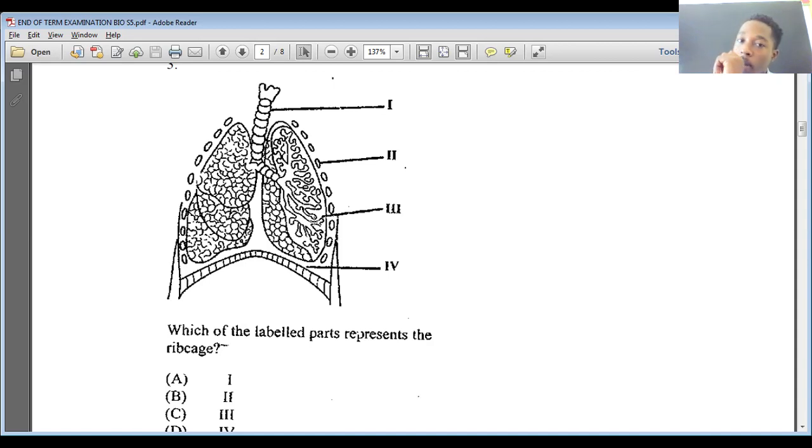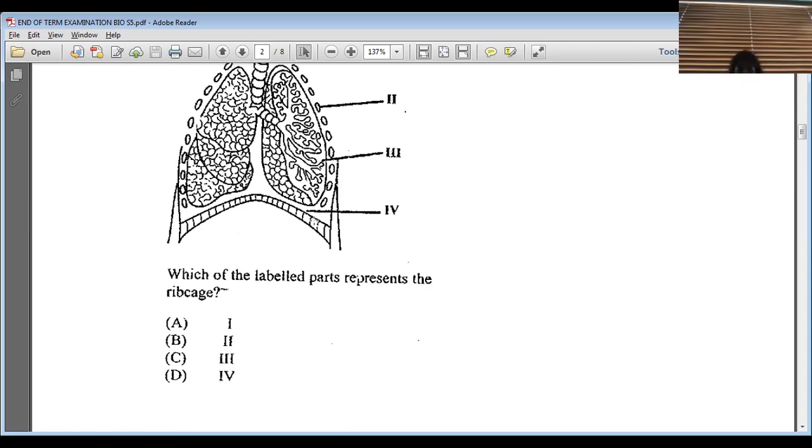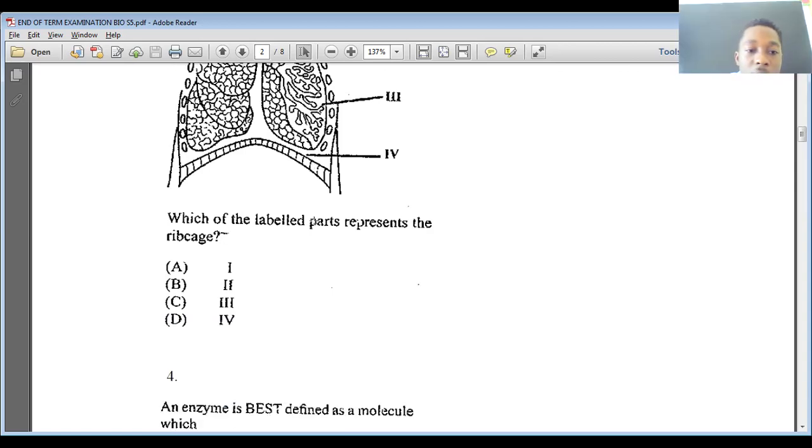What are those called? I don't remember what it's called. Okay, it's called alveoli. Does that ring a bell? Yeah. Good. So the answer for the rib cage is B.